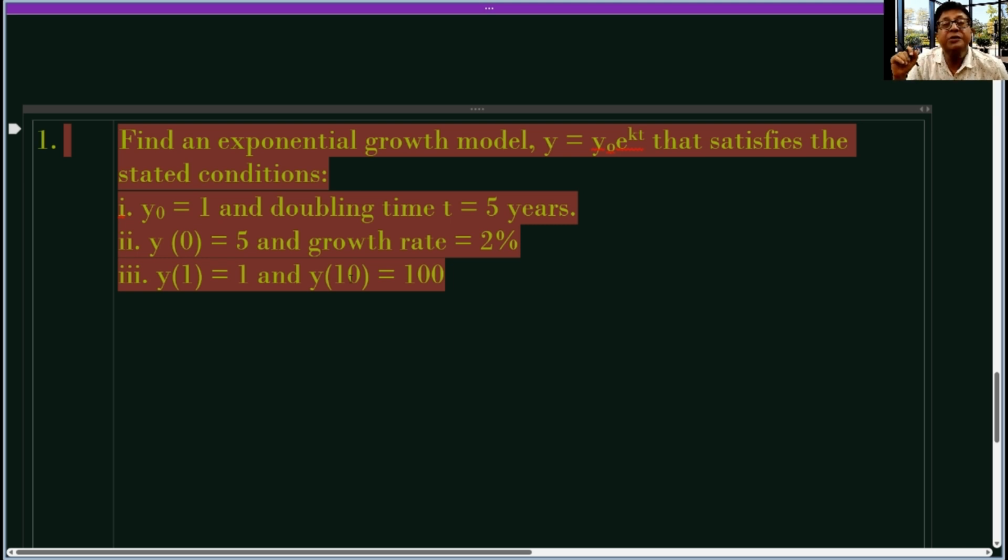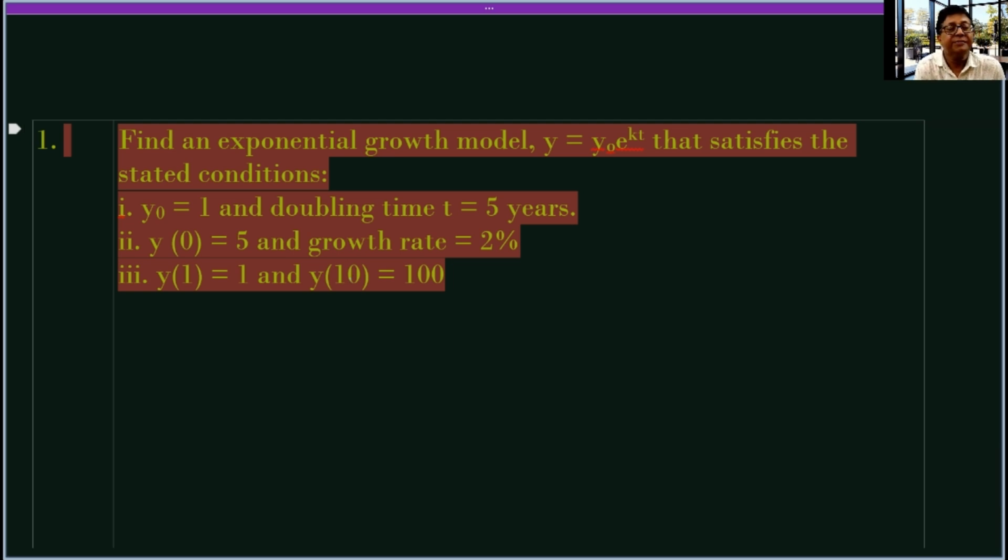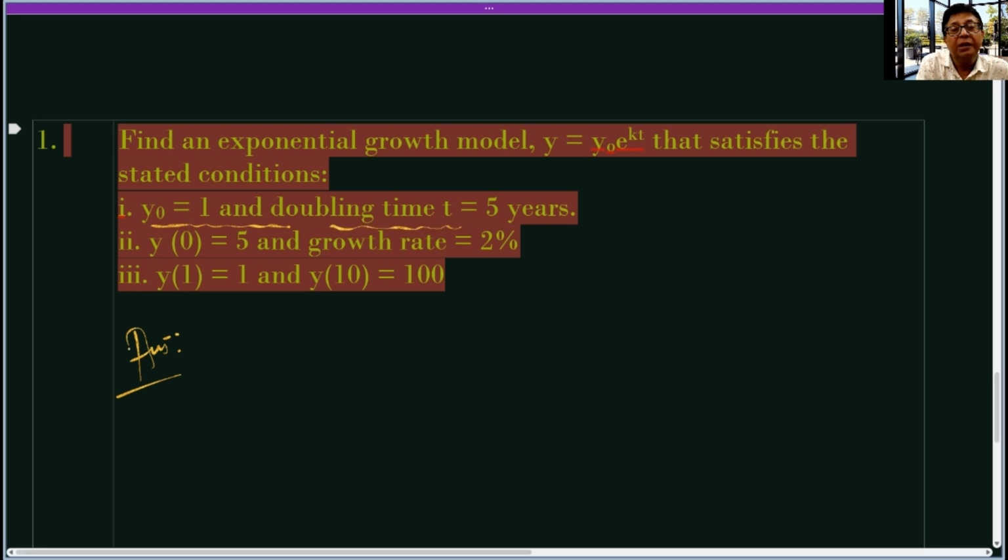Find an exponential growth model y equal to y0 e to the power kt that satisfies the stated conditions. What's the condition? y0 equal to 1 and doubling time t equal to 5 years.